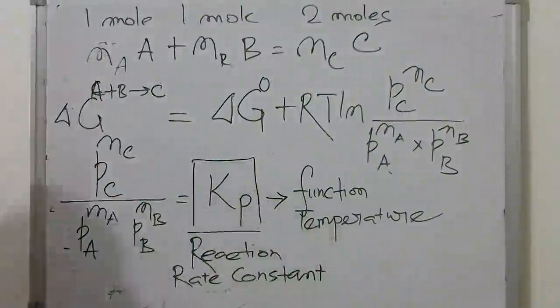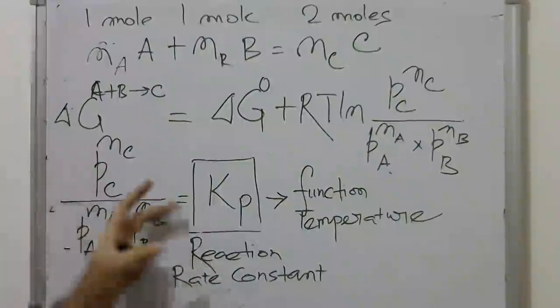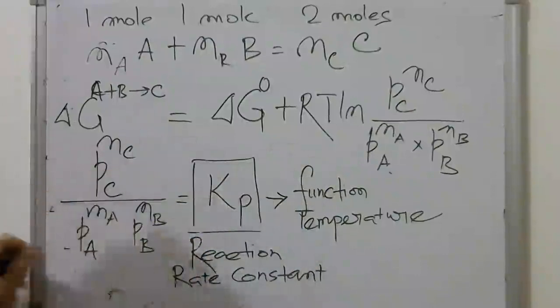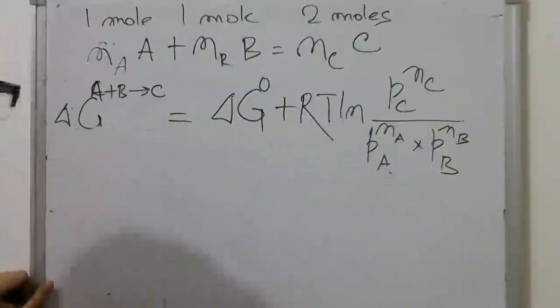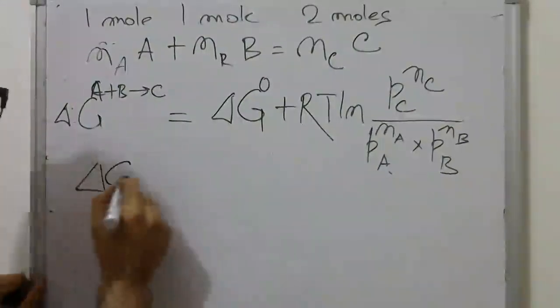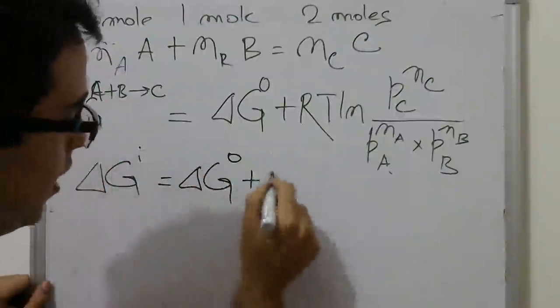So normally we write this equation, note it down, it's a very, very important equation. We write this as delta G is delta G0 plus RT ln Kp.